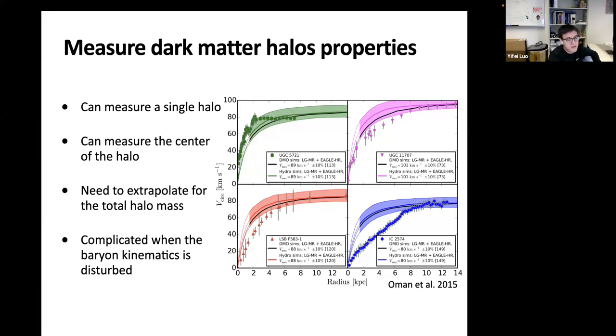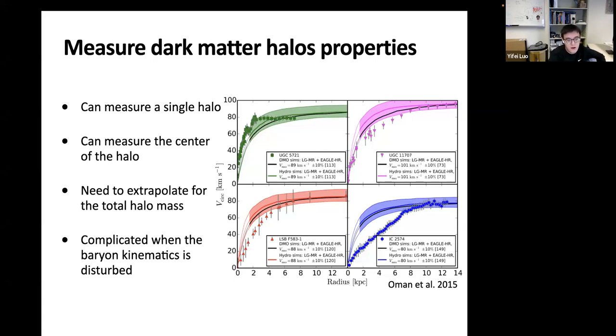It's powerful. It can measure a single dark matter halo. It can go all the way to the very center of the halo by measuring the stars, the gas, or globular clusters, any baryon, to the center of the dark matter halo. So that's the advantage. There are also some disadvantages.